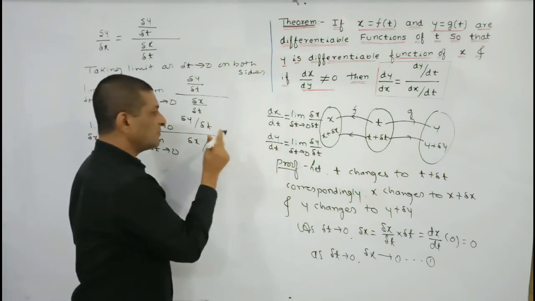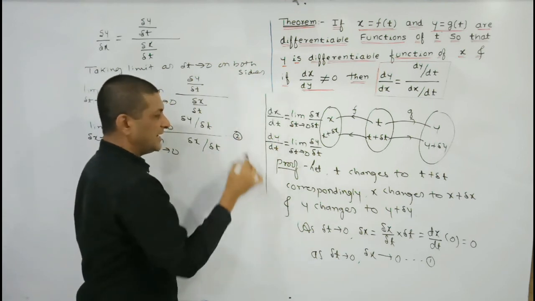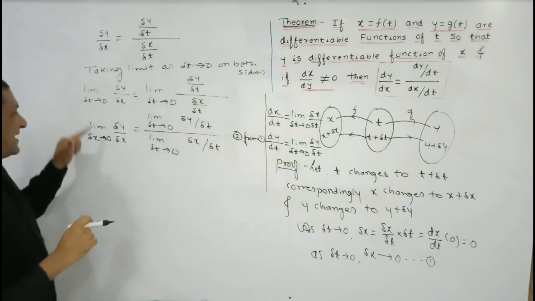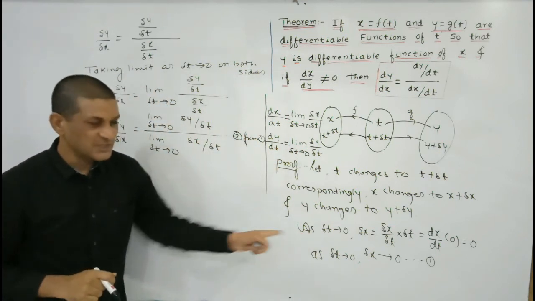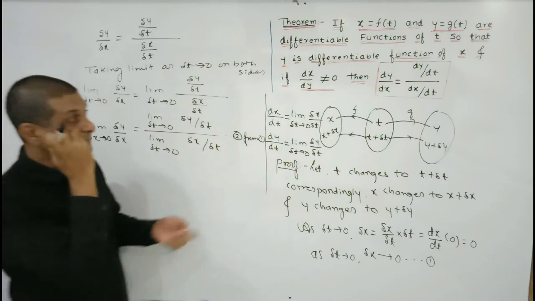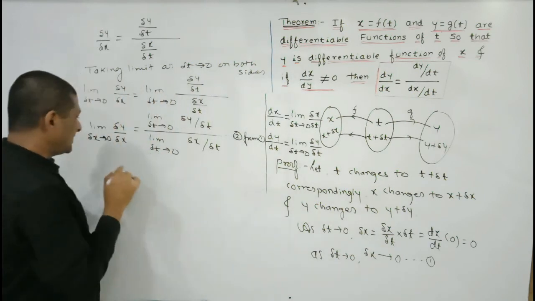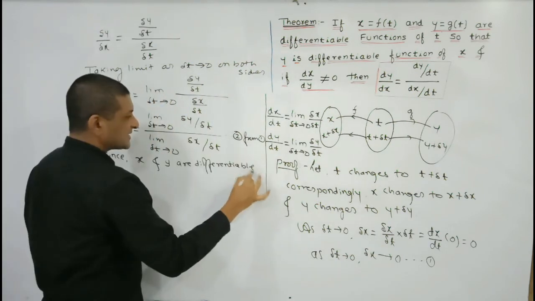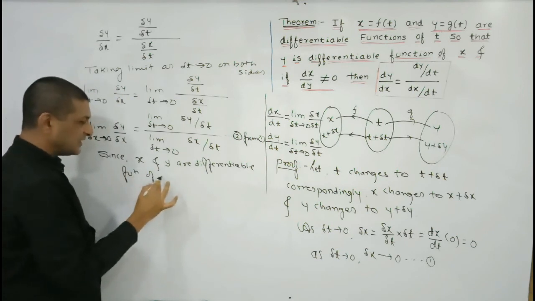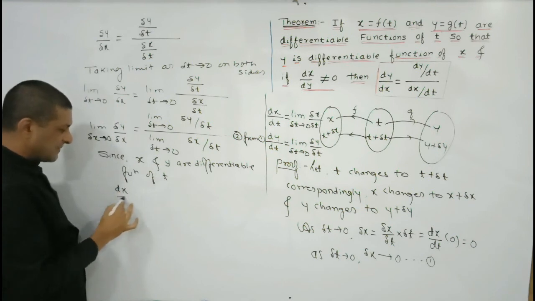This equation that we have got here, I am denoting it by equation number 2, and here we have replaced delta t tends to 0 by delta x tends to 0 from which equation? First equation, isn't it? Now we are using the given condition. What is the given condition? x and y are differentiable functions of t. So write down the given condition. Since x and y are differentiable functions of t, if x is a differentiable function of t, it will be denoted by dx by dt.